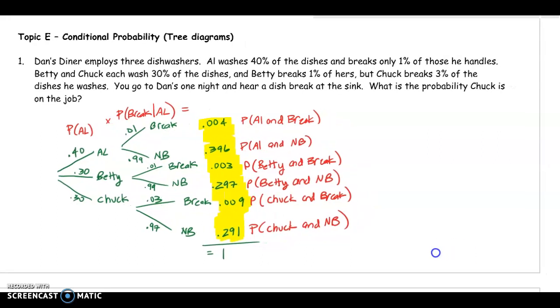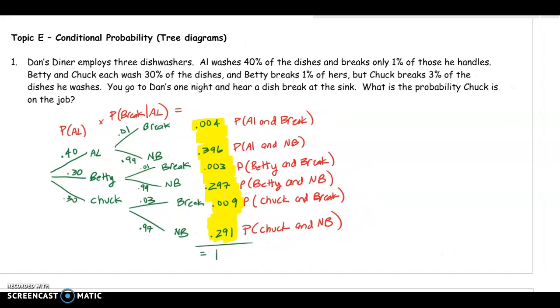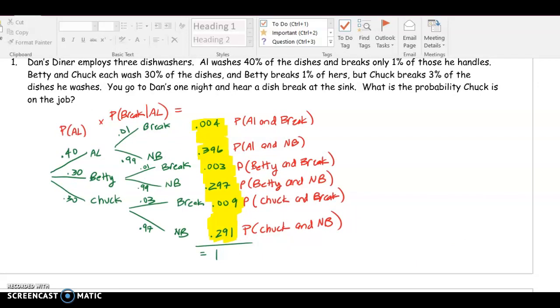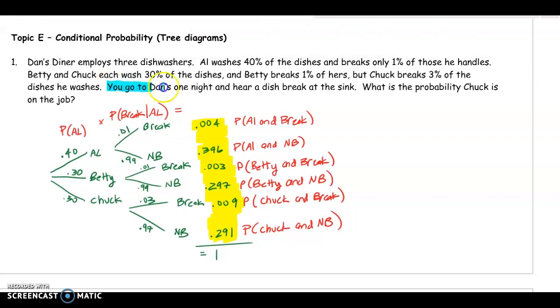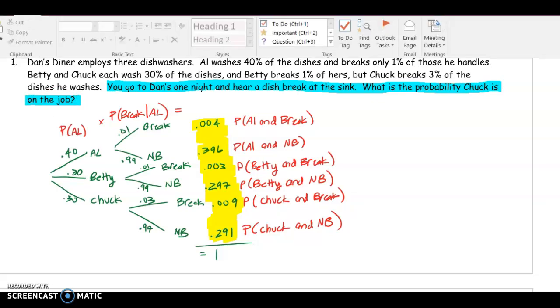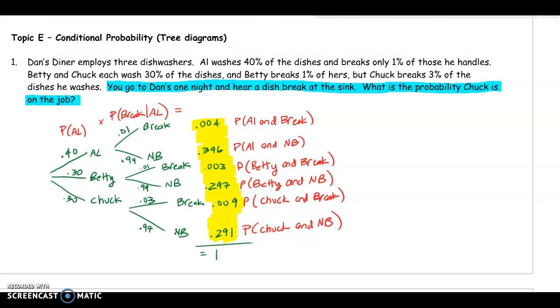So now we get to answer the question. It says that we go to Dan's Diner and we hear a dish break. We're looking for the probability that Chuck is on the job. Now with these conditional probabilities, I need to see what you're doing. The notation is really important, because if you don't get the notation right, you can't answer the question right.